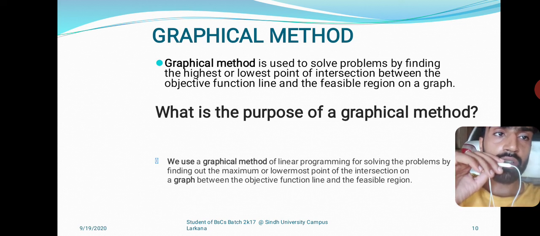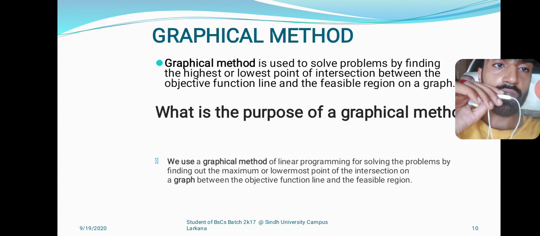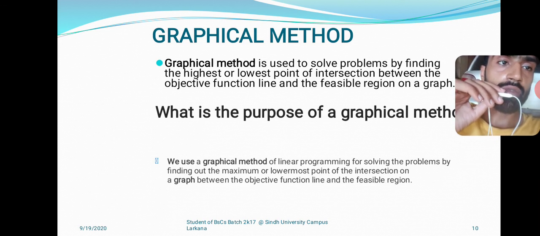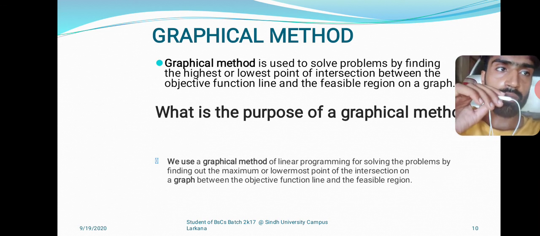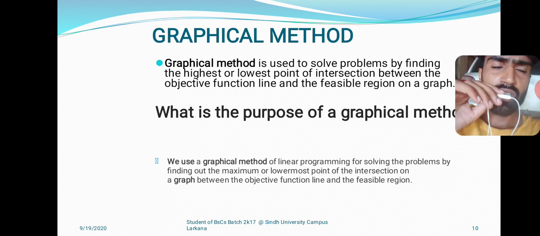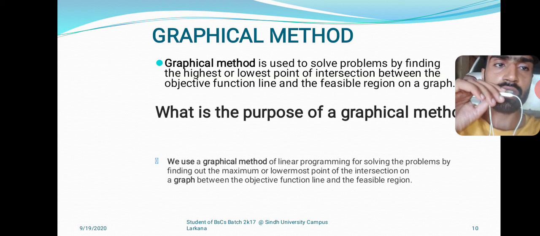What is the purpose of the graphical method? We use the graphical method of linear programming for solving the problem by finding the maximum or minimum point of the intersection on a graph between the objective function line and the feasible region.